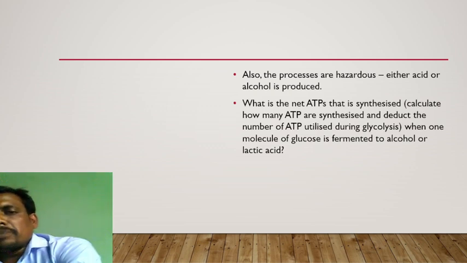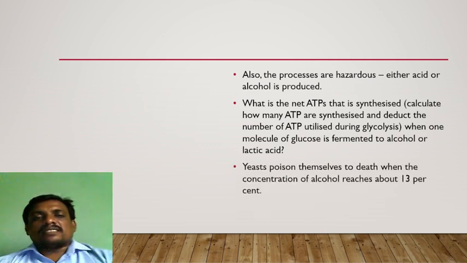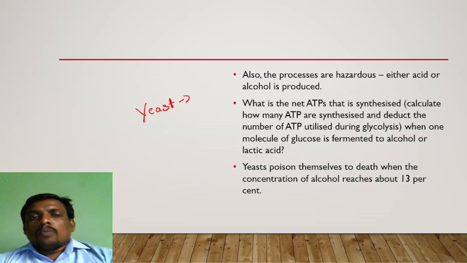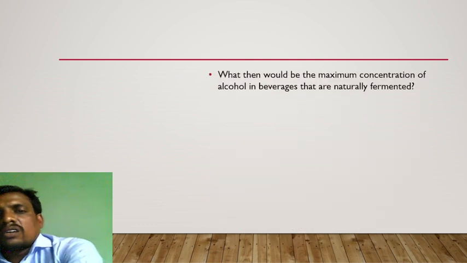Now, what will be the total net ATP synthesized? Calculate how many molecules of ATP are synthesized. If yeast cells receive 13% of alcohol during these reactions, they will poison themselves, and it leads to death at a higher concentration of alcohol.